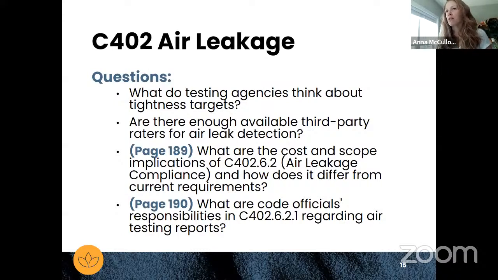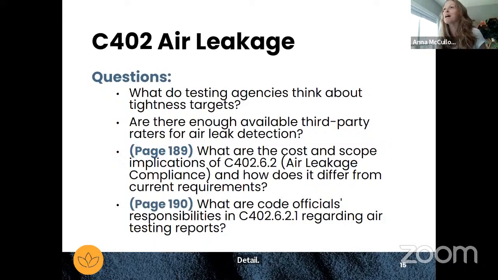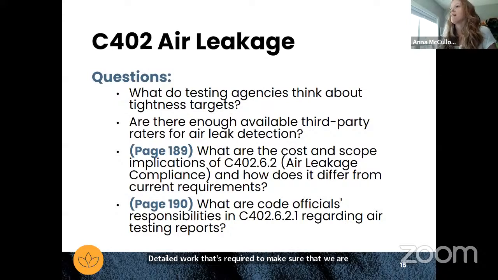There's going to be an increased cost to provide the details that are required and the level of construction detailed work that's required to make sure that we are meeting the air leakage requirements of the code, especially considering that if the test is failed by a significant margin, there has to be mitigation.